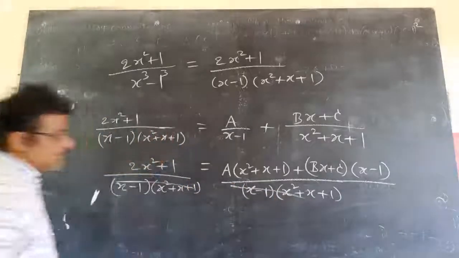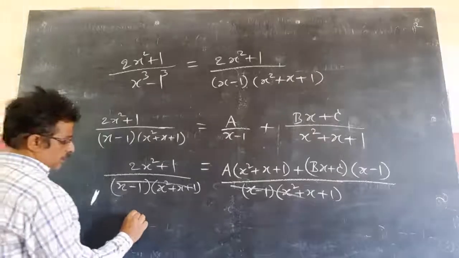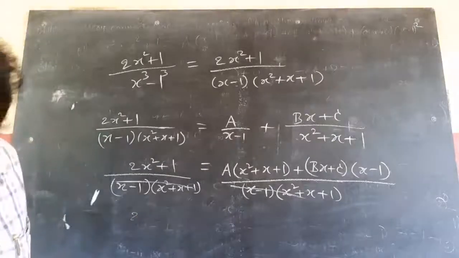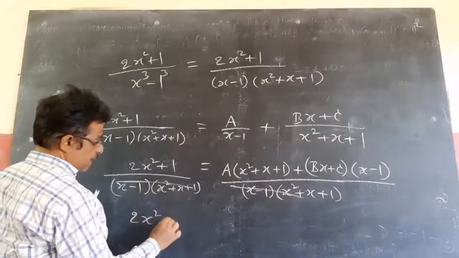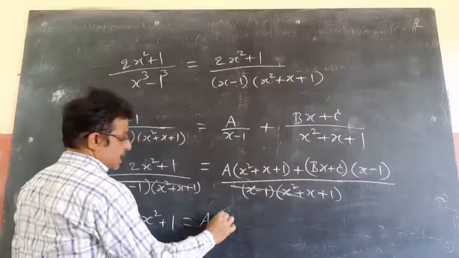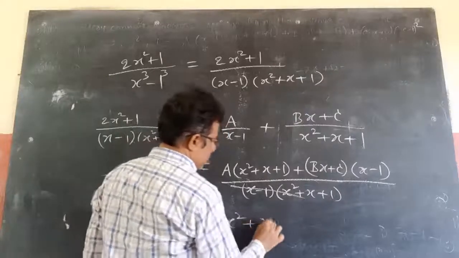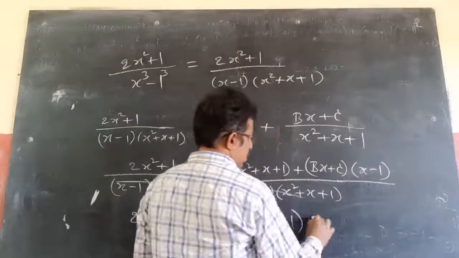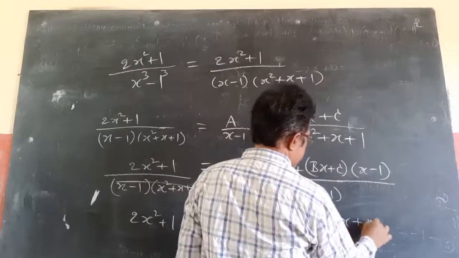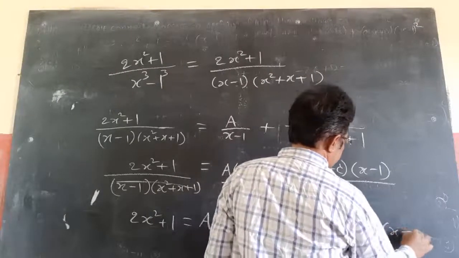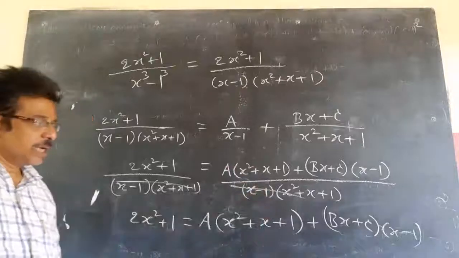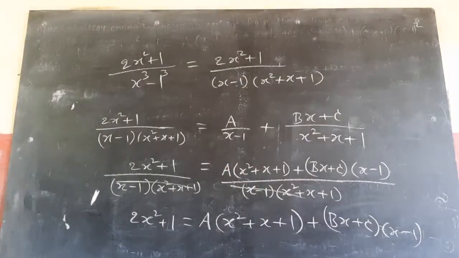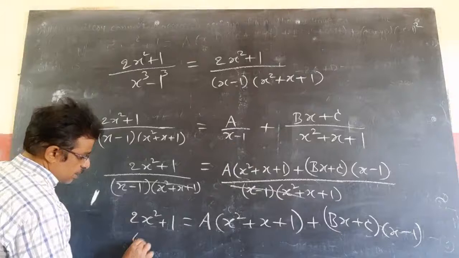Cancel denominators. So what do we get on this side? 2x square plus 1 equals a into x square plus x plus 1 plus bx plus c into x minus 1. Now we can find a value just by substituting x equal to 1. The remaining two we will find by comparing coefficients. So let x equal to 1.